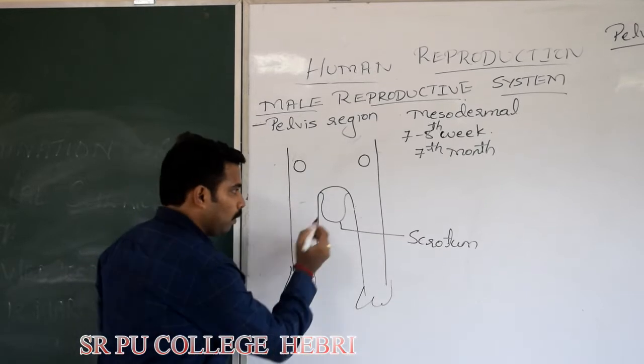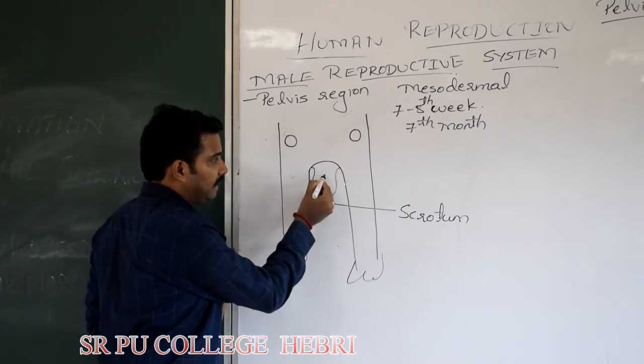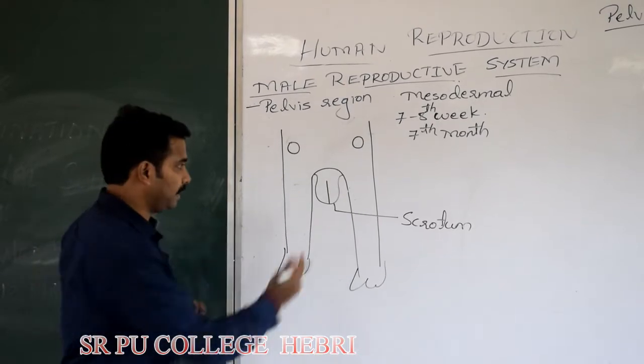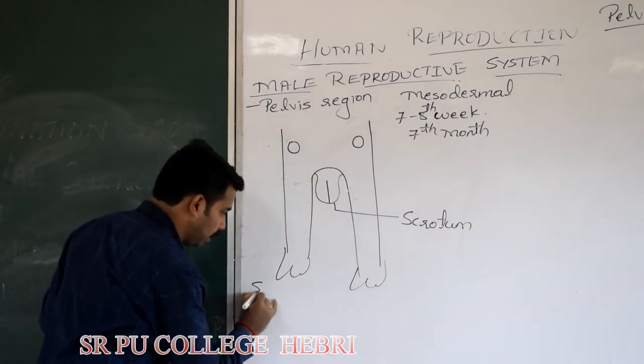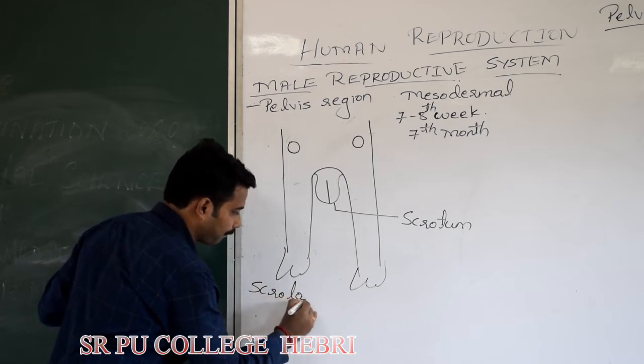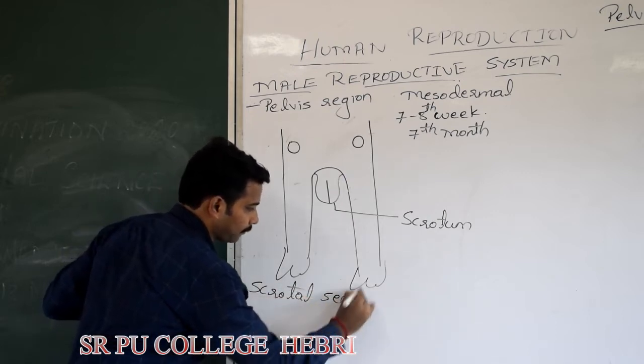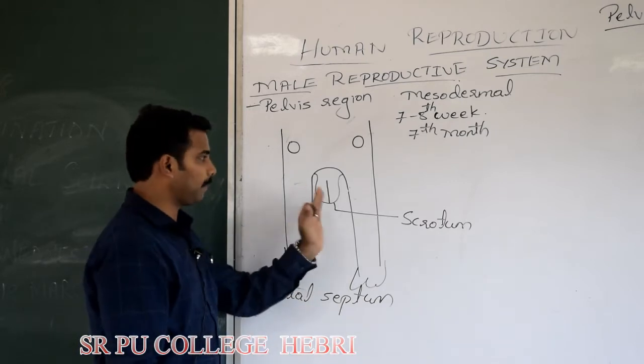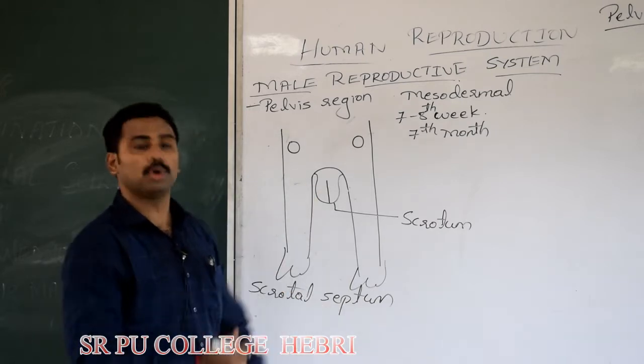Now, if you look at the scrotum internally, it is divided into 2 compartments by a wall called the scrotal septum. The scrotal septum divides the scrotum into how many compartments? 2 compartments.